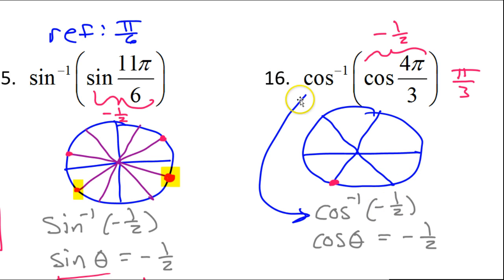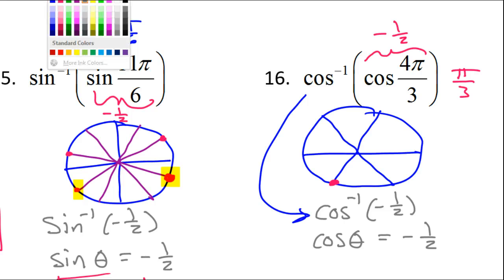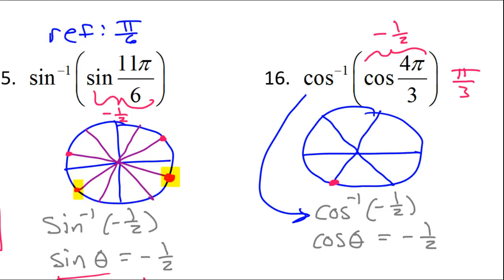But the cosine of pi over 3 is going to be 1/2. Okay, so there are actually 4 angles that will give us some type of a 1/2. They are all 4 of these, because they all have a reference angle of pi over 3. All 4 of these will have a cosine of some type of 1/2, but 2 of them will be positive and 2 of them will be negative. I need the 2 that are negative because of this.